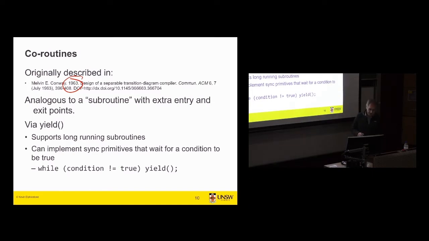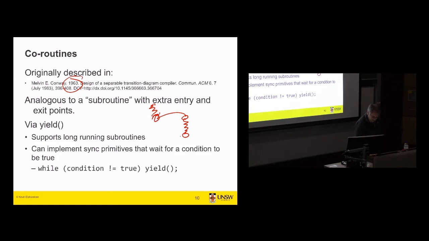The idea with yield is that if I'm executing some code and I get to a point right here where I'd like somebody else to fill some time, I can call yield and the OS will switch to some other activity, which can potentially call yield.